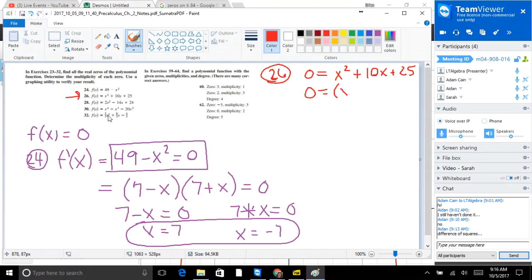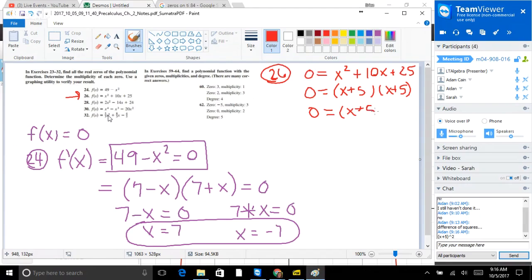So we've got x, we've got 25. 5 times 5 is 25, and 5 plus 5 is 10. So we've got x plus 5, x plus 5. Oh, so we have exactly, Aiden. Or another way we could write this is x plus 5 squared.